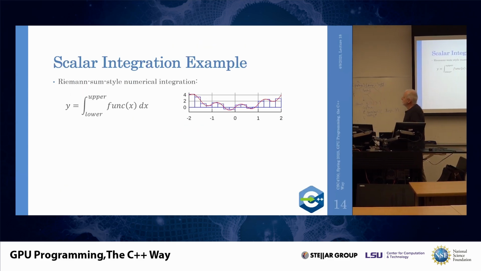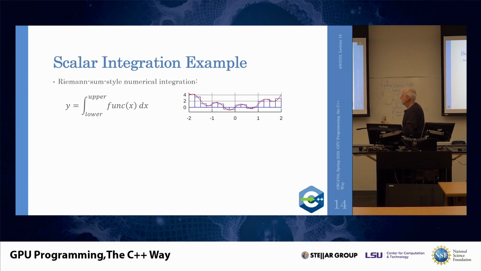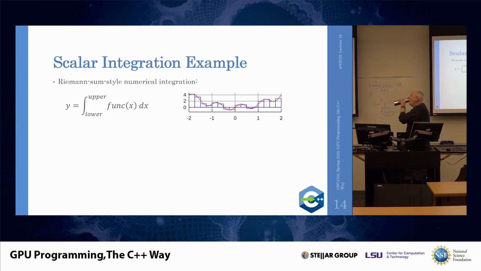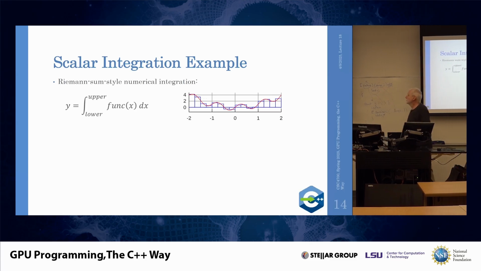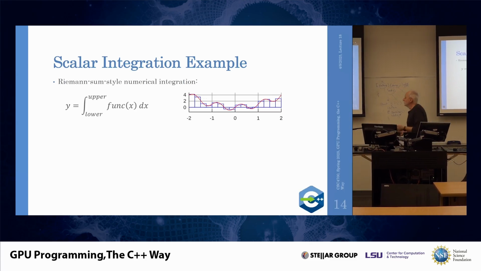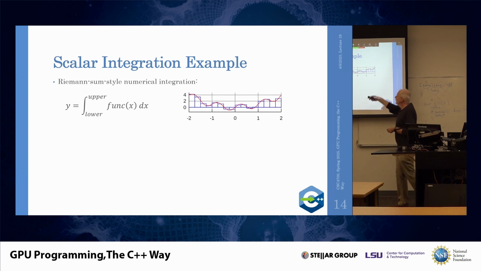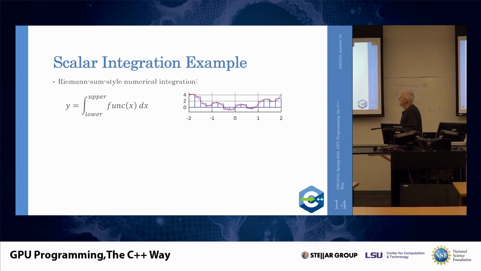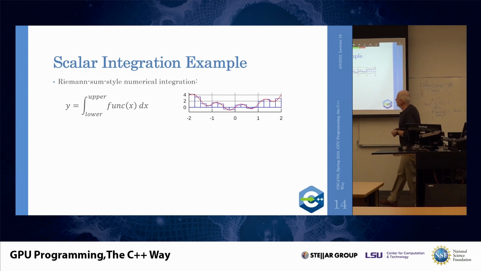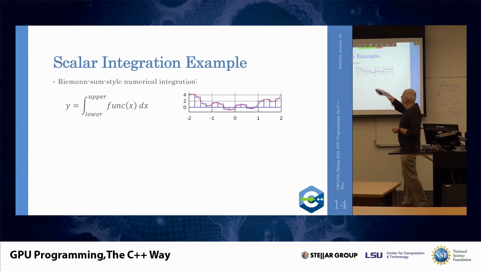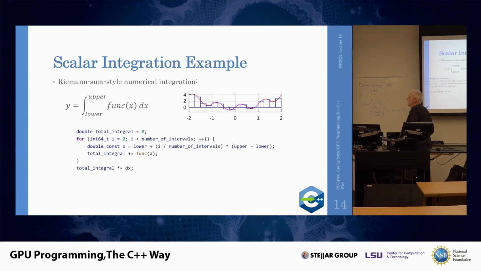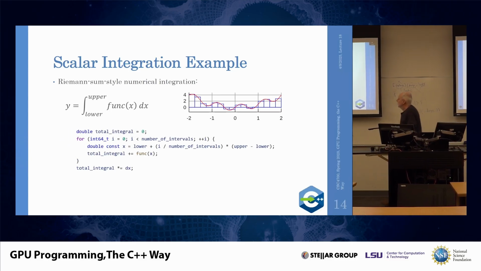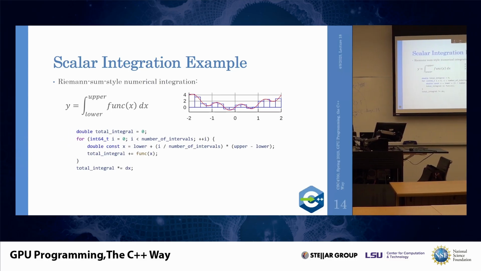Okay, so let's do a small example. We have done discrete integration before, so let's do the same thing. We want to compute the integral of a given function from a lower to an upper range, and we want to do that using Kokkos. Well, the easiest way to do that is without Kokkos.